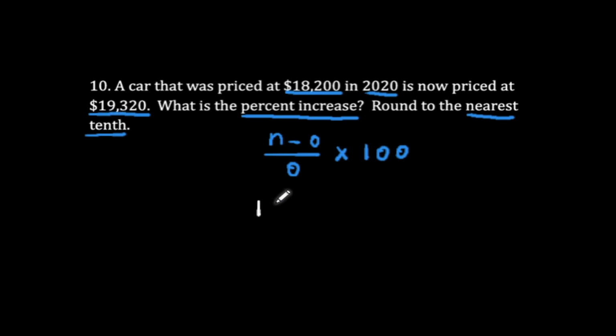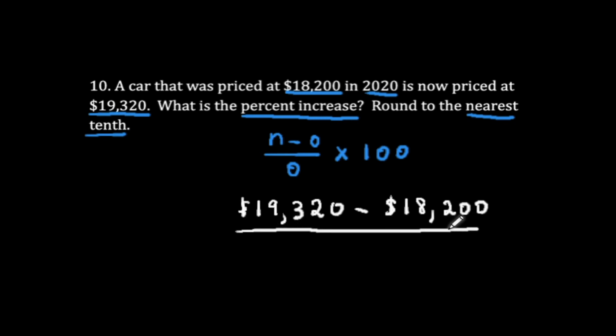So let's fill that in. Minus the old amount, which the price was $18,200 in the past. Okay, and then that is divided by the past amount, or the old amount, which is $18,200. And of course, we're multiplying by 100.